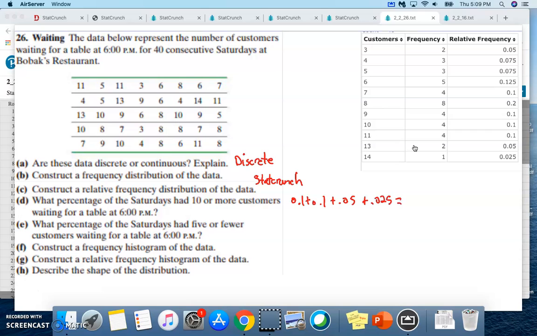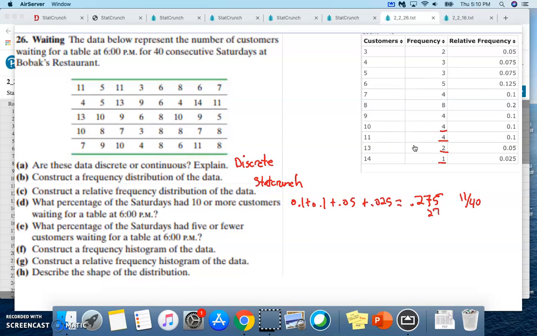When I add all of those up, that's going to be 0.275. Another way I could have done it is I could have said, well, 4 plus 4 is 8, 9, 10, 11. This is 11 out of 40 nights, and that is also 0.275. So both are correct ways to get the relative frequency or the percentage. And that would be 27.5%.